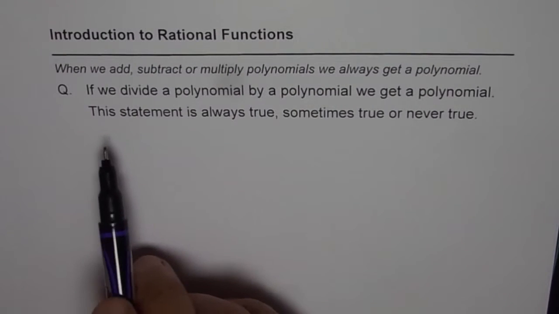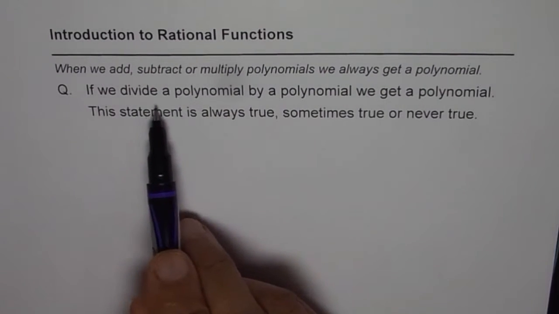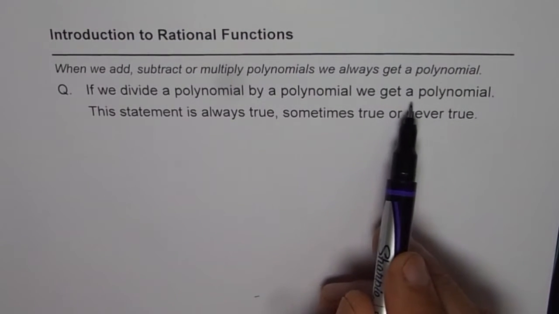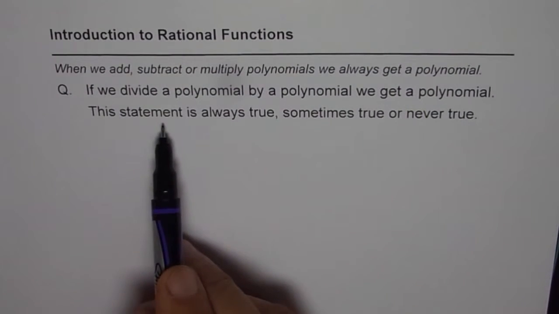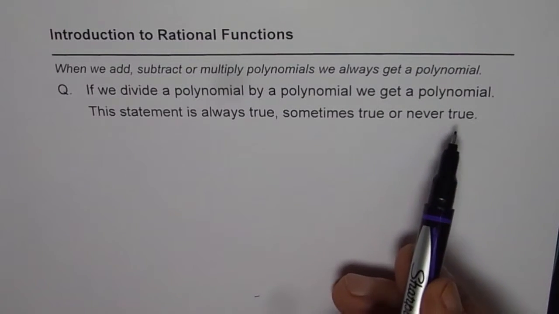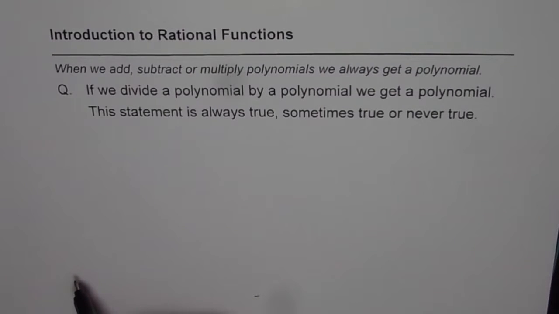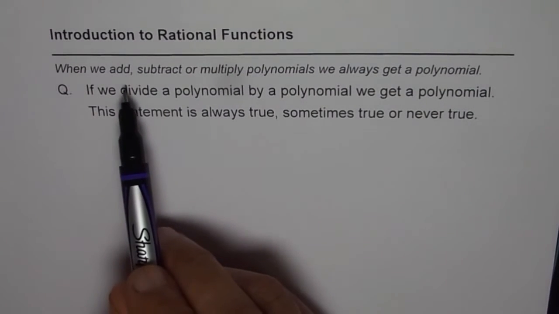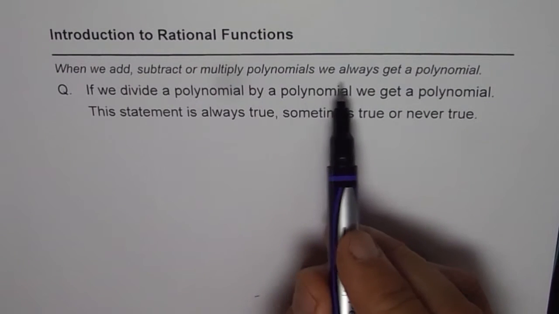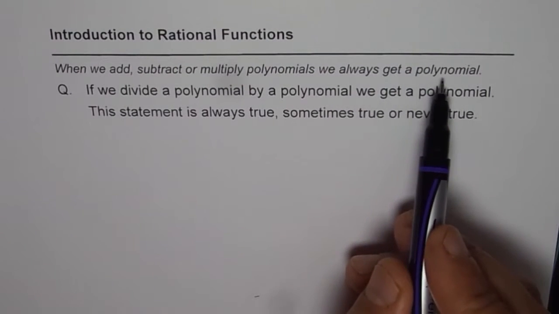Now the question is, if we divide a polynomial by a polynomial, we get a polynomial. This statement is always true, sometimes true, or never true. That is the question. So the operation of addition, subtraction, and multiplication on polynomials will always result in a polynomial.